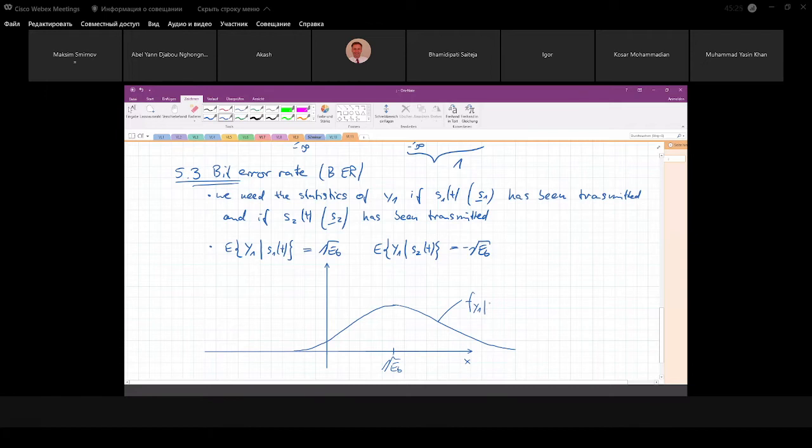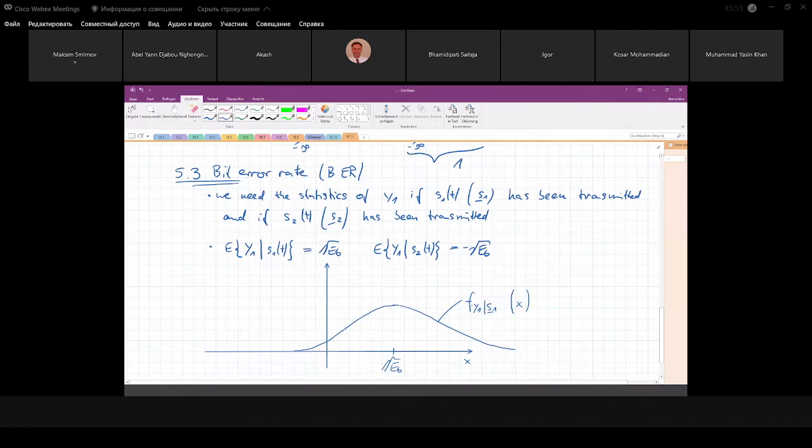Now I use this shorter notation. Usually you would write Si(t) here, and this is the amplitude under the condition that i is S1. I just write S1 to say S1 has been transmitted and I'm interested in the amplitudes.